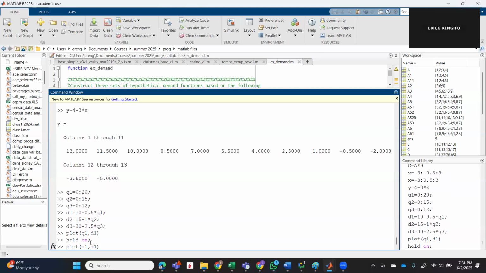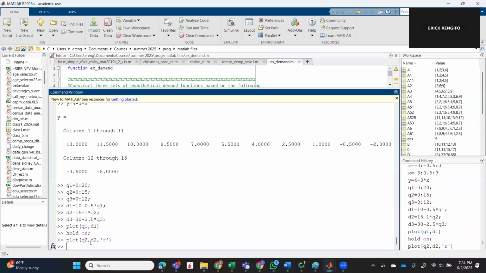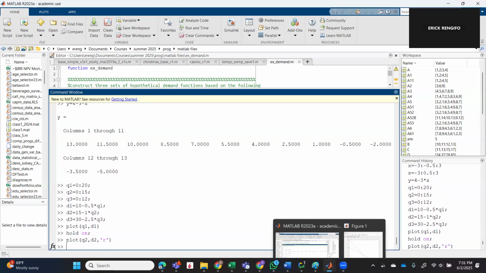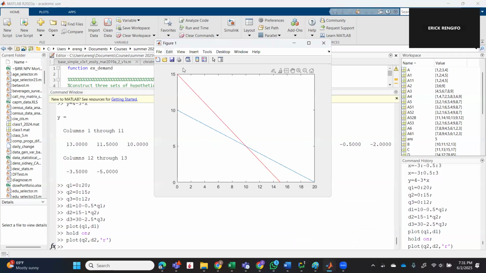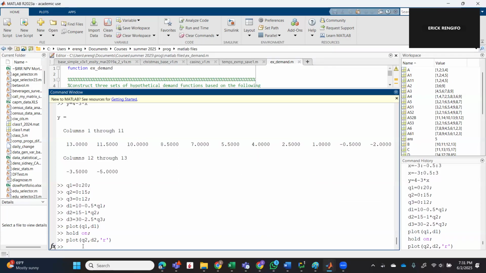Now I want to plot Q2 with D2, and I will put this in red. The apostrophe R apostrophe means plot this in red color. Take a look at what happens. This is the second line. And let's plot the third one, let's do this green, perhaps.